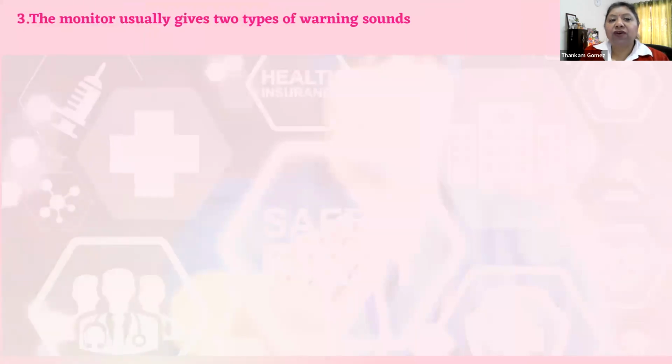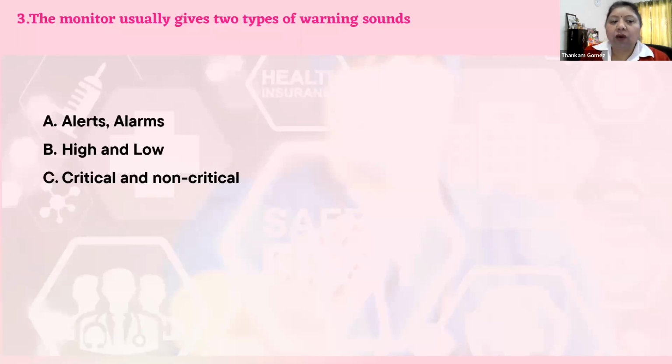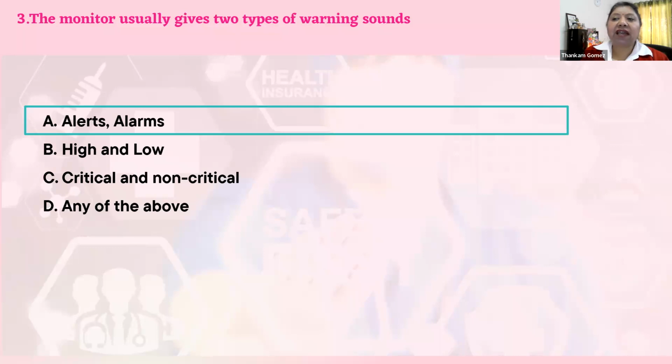Next, the monitor usually gives two types of warning sounds. Most of the monitors give two types, and even by sound they are different. What are the two types? Alerts and alarms, high and low, critical and non-critical, any of the above. The answer here is they are categorized into alerts and alarms, and high alert and low alert.